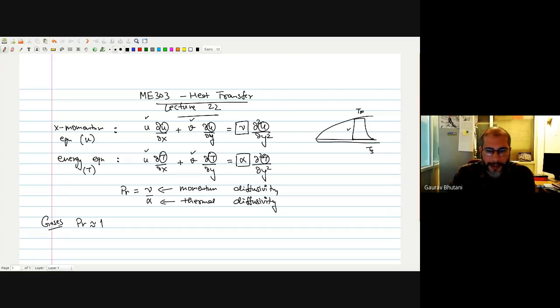Both the momentum as well as the thermal effects penetrate at the same rate because the diffusion rate for both is the same.